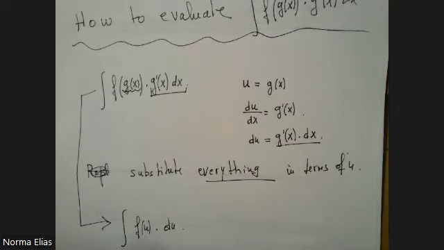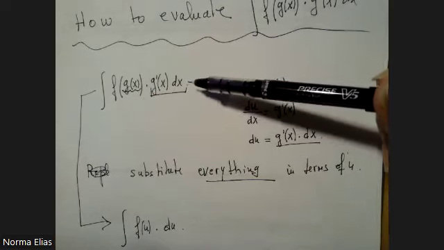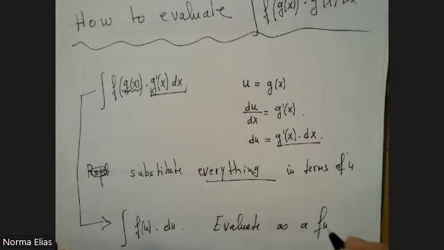So the idea of the substitution is to take a relatively complicated integral and make it into a much, much easier integral. Once we reach that stage, we evaluate this integral as a function of u.